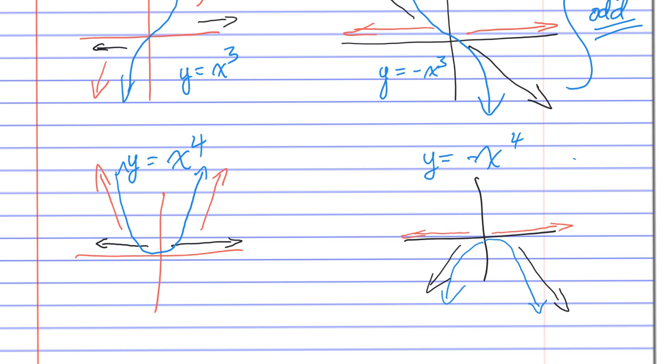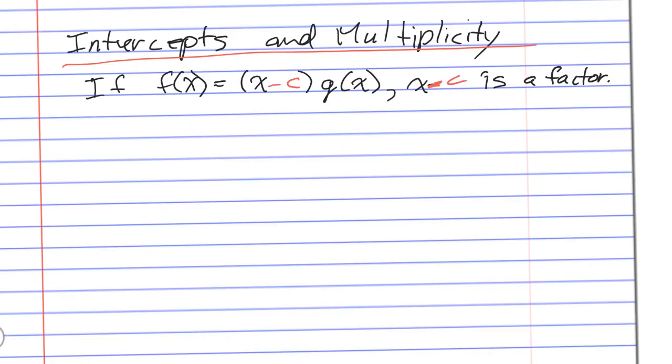So now let's go on to talking about a thing called intercepts and multiplicity. So for x-intercepts, we're talking about some factor times some polynomial, and that (x minus c) factor that we have here will always be called a factor, but only if we know that f(c) gives us 0.